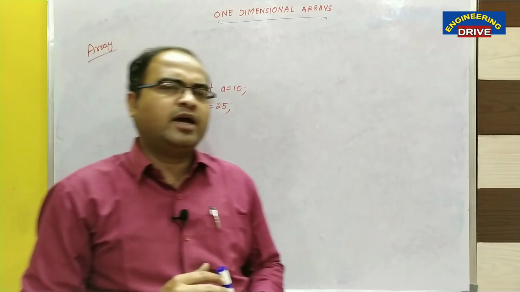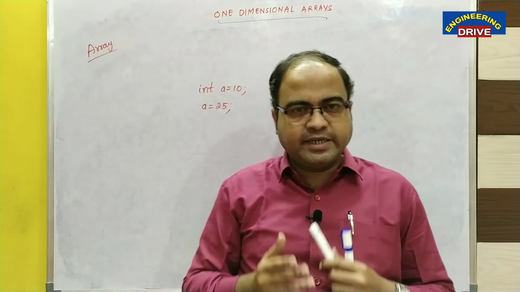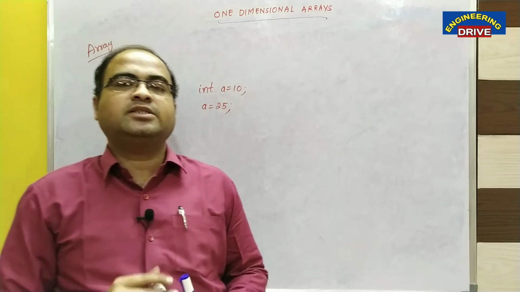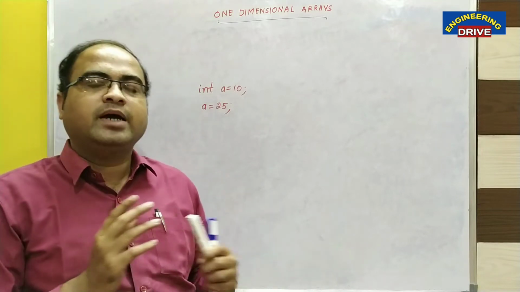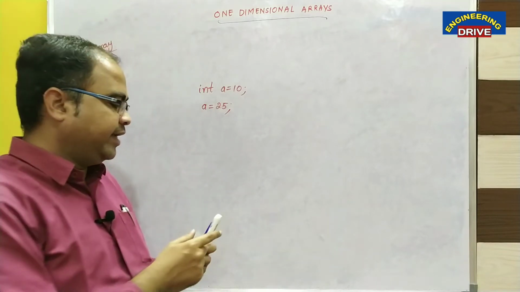Sir, I want to store multiple values in my variable now. Is there any concept which Java supports? Yes, the answer is there is one concept named arrays. What is an array?